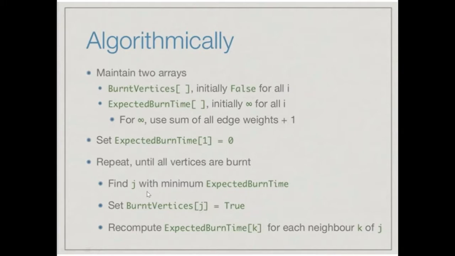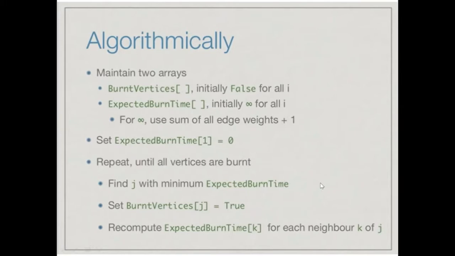After you have calculated the burn time, you will set the burnt vertices j index equal to true, which is this particular array, in which initially we initialized all the values to false, but I will now mark j as true.